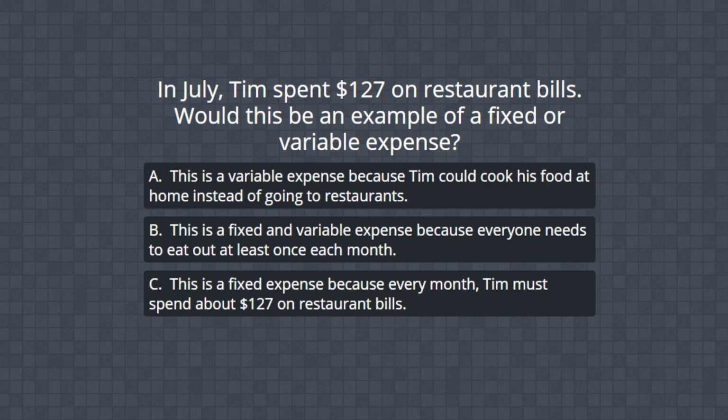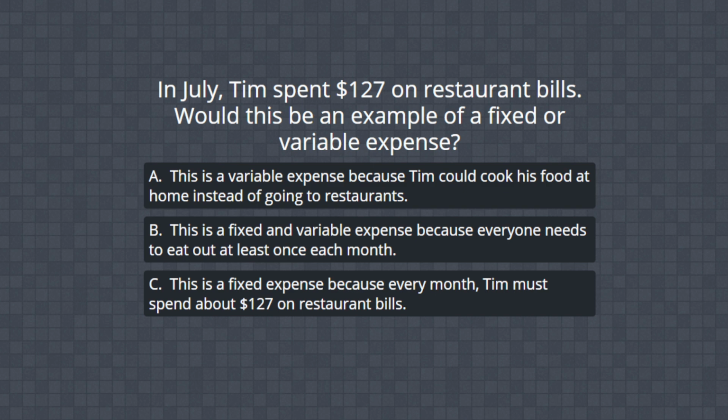B, this is a fixed and variable expense because everyone needs to eat out at least once a month. C, this is a fixed expense because every month Tim must spend about $127 on restaurant bills. Okay, so we know that in July, not the other months, Tim spent $127 on restaurant bills.